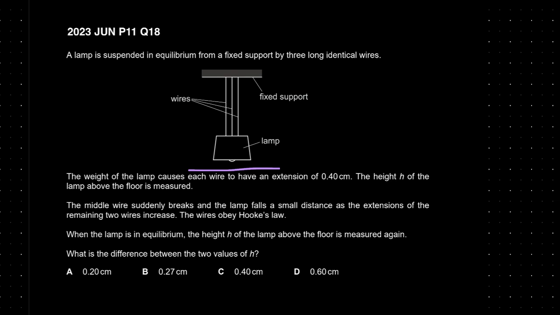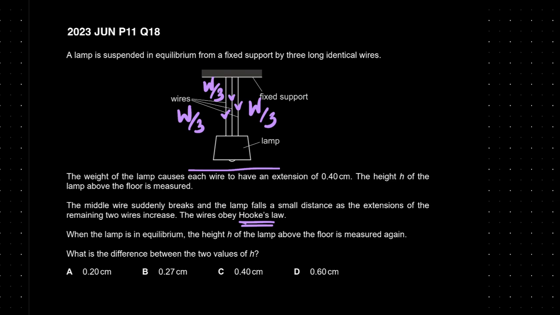Now this is also another question of this paper that was really tricky. The idea here is this: if you look at this diagram, the weight of the lamp is split between all of these wires. So if the weight of the lamp is W, then each of these experiences a force of W by 3. And this obeys Hooke's law.